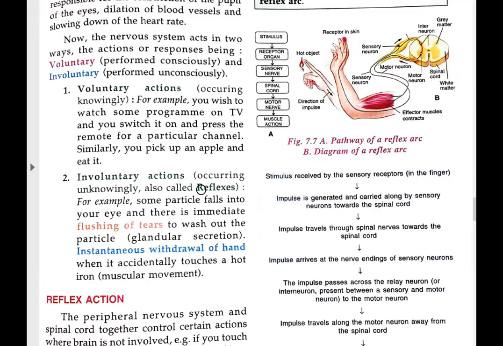Unknowingly certain reflexes are occurring, like flushing of tears, sweating, or heartbeat increase, many things which are not in your control.